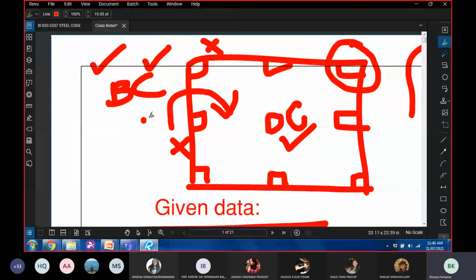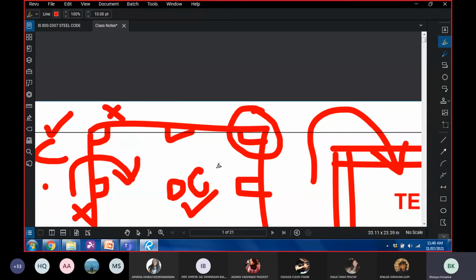Okay. So for this type of column where there is bending only about one axis, this is called a beam column with axial force and uniaxial bending. There's bending only about one axis. But if you talk about this column, there's bending about this axis and about this axis as well. Therefore, this is called a column with axial force and biaxial bending. Uniaxial, biaxial, simple.